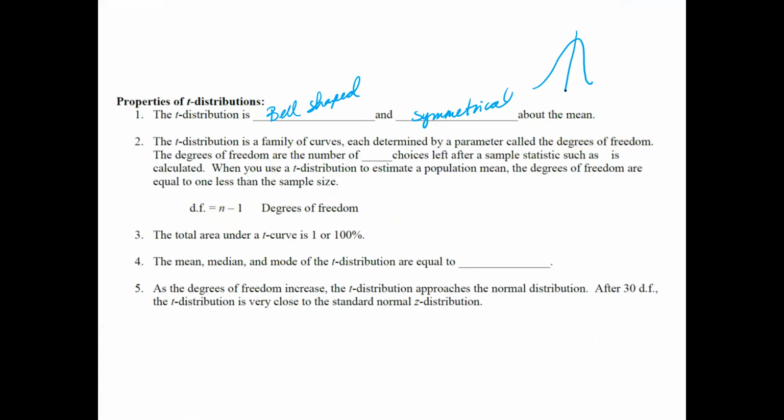The t-distribution is a family of curves, each determined by a parameter called the degrees of freedom, so df. And the degrees of freedom are the number of free choices left after a sample statistic such as x bar is calculated. And the degree of freedom is always going to be the size of your sample, so in this case, it'll be 30 or less, minus 1.